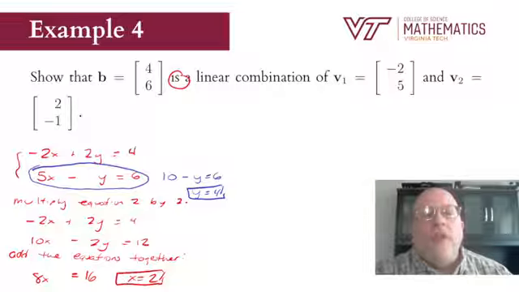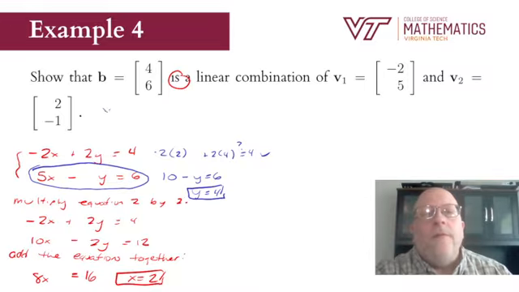But we want to make sure that these values check in the other equation. So does negative 2 times 2 plus 2 times 4 equal 4? And that answer is yes. Negative 2 times 2 is negative 4. Negative 4 plus 8 does equal 4. And so these values check in both equations.